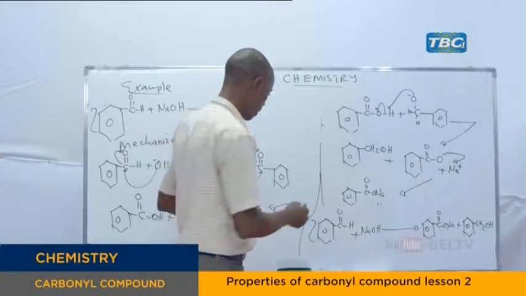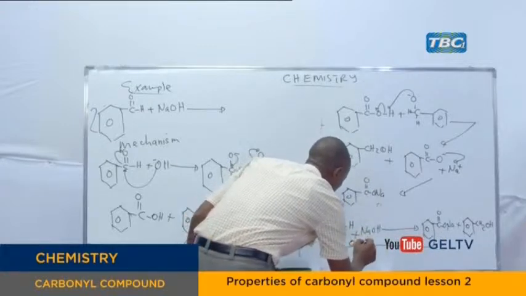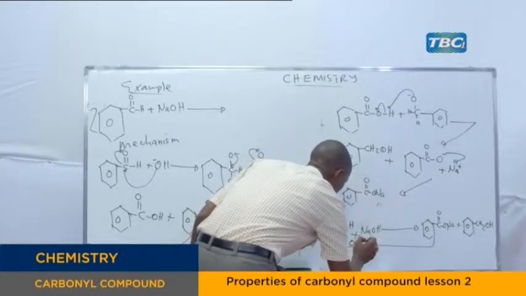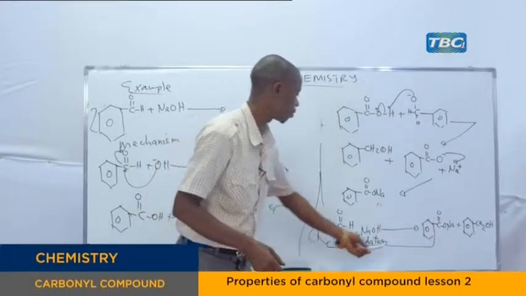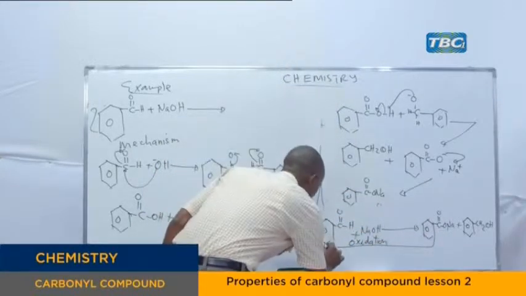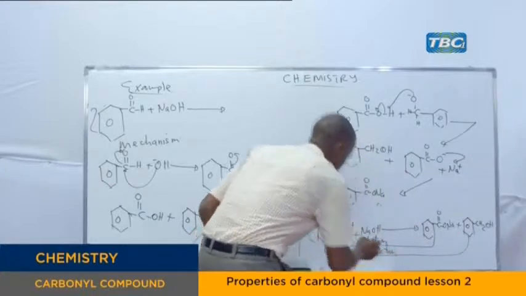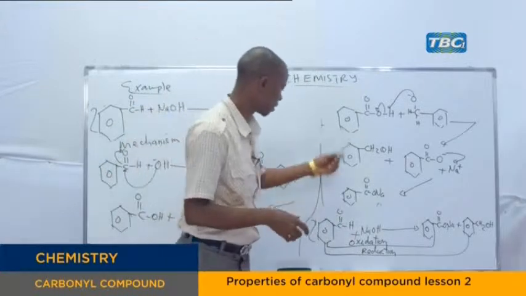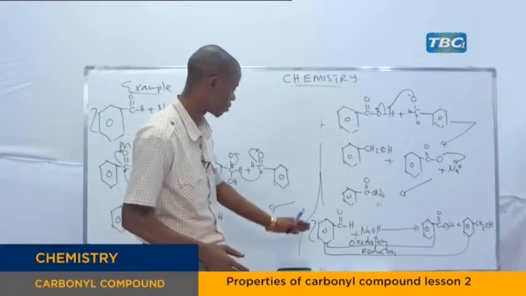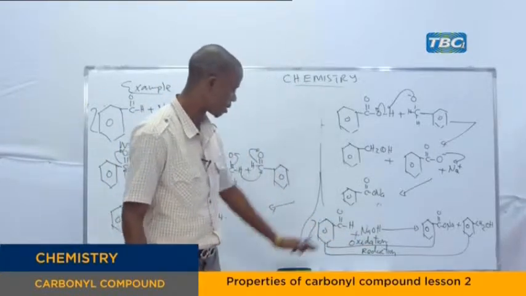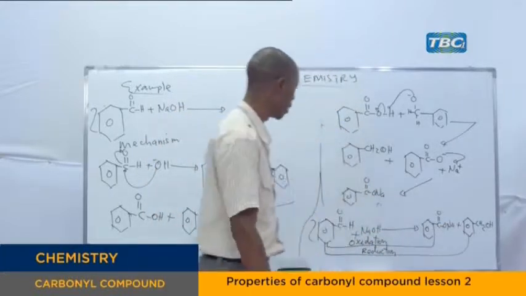So what you can see, my dear student, is that this one can be oxidized into the carboxylate salt. So benzaldehyde can be oxidized to the carboxylate salt and also can be reduced into alcohol. This is reduction. That's why I said at the beginning, in the Cannizzaro reaction we get the concept of disproportionation reaction. That means oxidation and reduction take place simultaneously. So this is the way you can see, and these are the products that can be given.